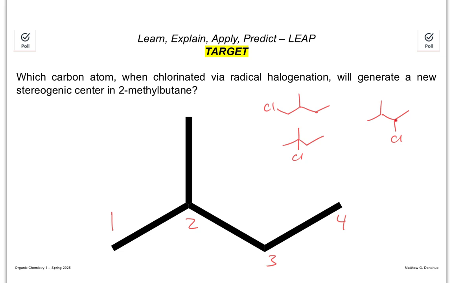So yes, you have a chlorine, a methyl, a hydrogen, and then this isopropyl group. So that's 4 different things. So that's a stereocenter. So I'll mark that with an asterisk. If we continue on with the last one, position 4, so that's not a stereocenter because you have 2 hydrogens.